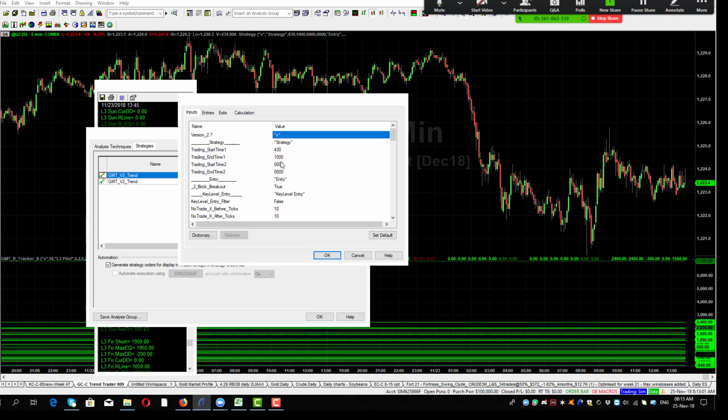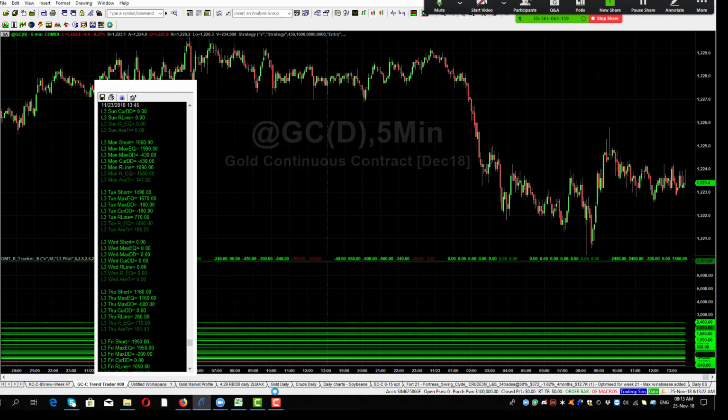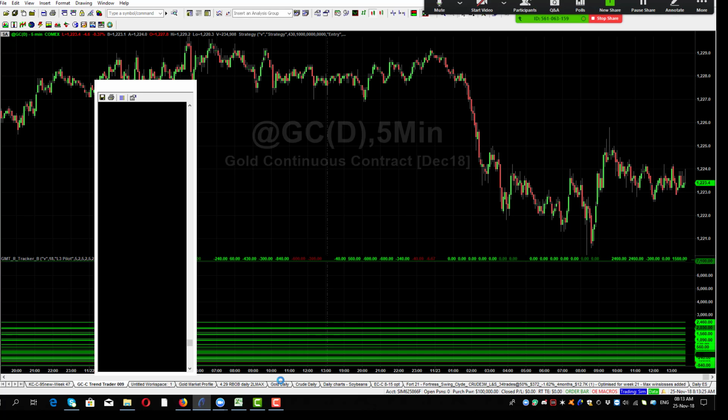So that's why it's important for us to run these optimizations once a month, just to make sure that we're tuning our system for volatility, for time of the day, for potential profit and range and things like that.